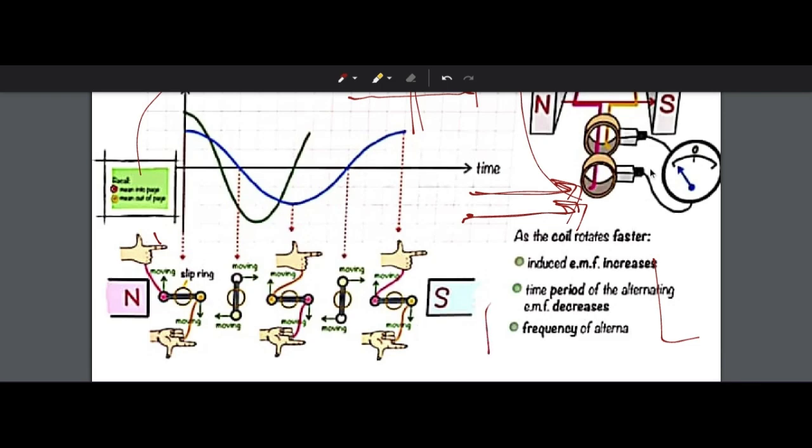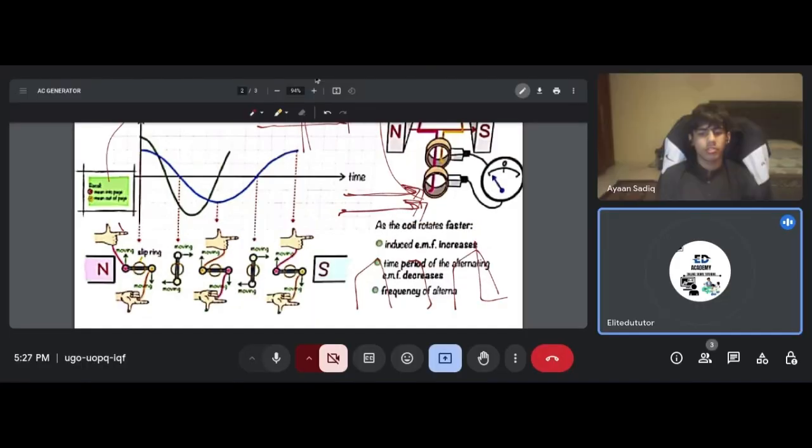When the coil starts rotating from horizontal to parallel and back to horizontal, with every rotation the induced current and induced EMF increase and decrease, but in the opposite direction, in the reverse direction. Okay.